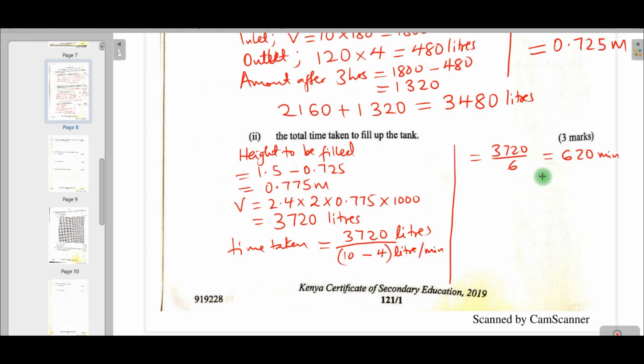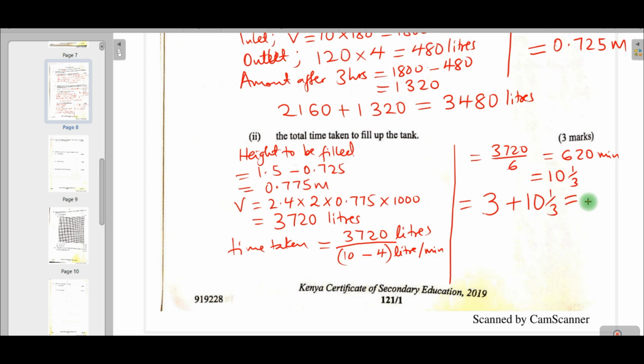620 minutes is the same as 10 hours and a third, or 10 hours and 20 minutes. And therefore, for the total time taken, initially it took 3 hours, and now the remaining part has taken 10 and a third hours.